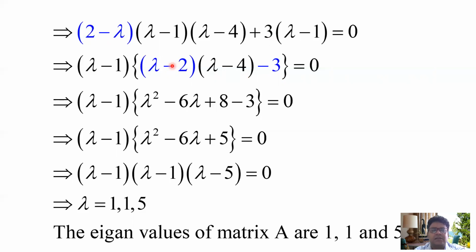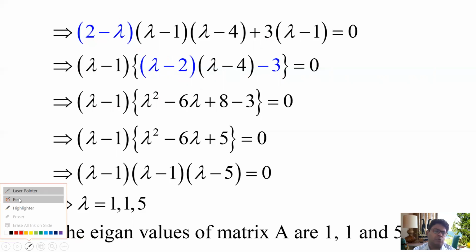Suppose you have a doubt why it is negative: here it is 2 minus lambda, and I have shifted it to lambda minus 2, adjusting the minus sign in this line. That's why I'm using multiple colors for better understanding. If you have a doubt, I can explain, no problem.